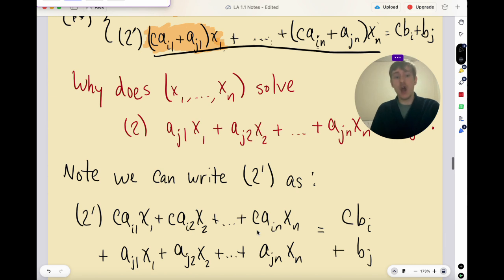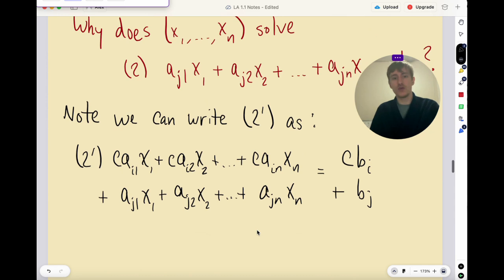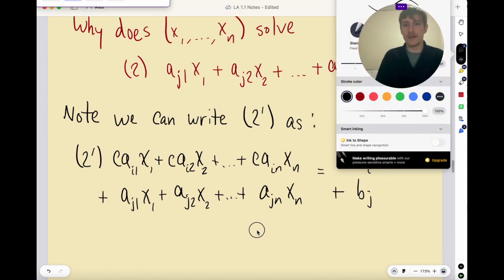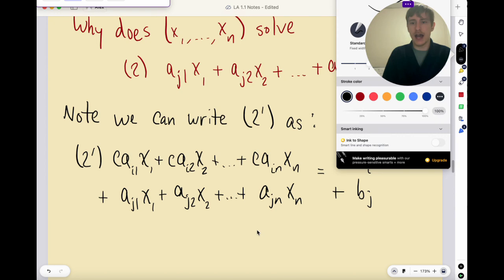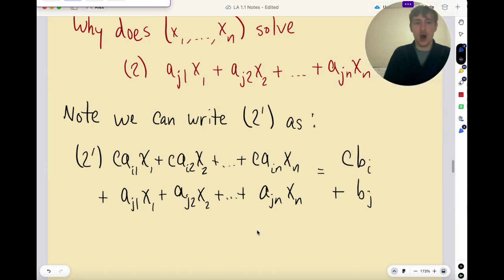So we know that x1 through xn has to solve 2 prime, so then why does it solve 2? Well, the very simple reason is if I look at 2 prime more carefully, I might notice that all of these terms have a c in them. So since c is a non-zero scalar, I'm allowed to divide both sides by c.